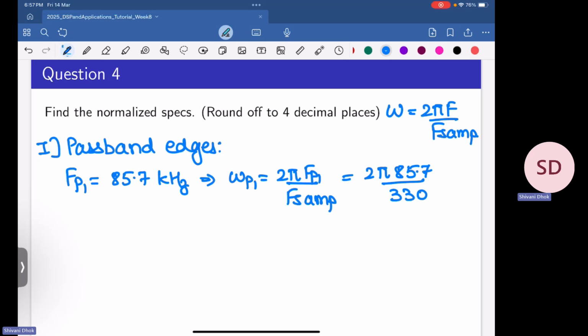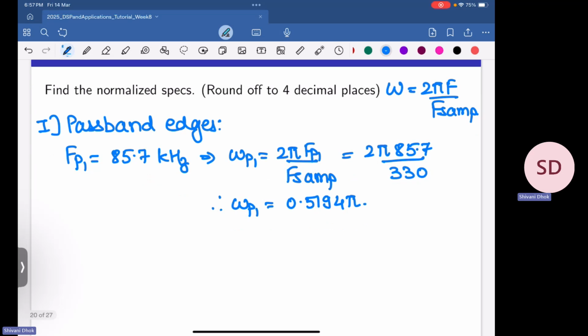Now again we can't solve it by hand, so we'll have to use the calculators. And we are told to round off to 4 decimal places. So therefore this omega P1, if we use our calculators, we get omega P1 as 0.5194 pi.